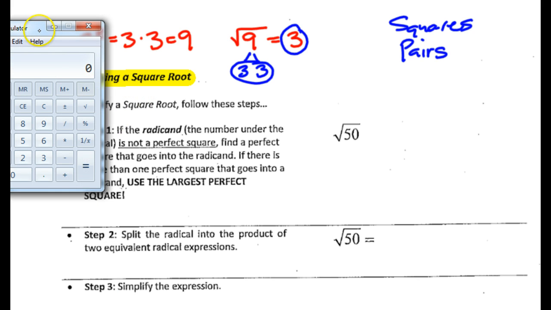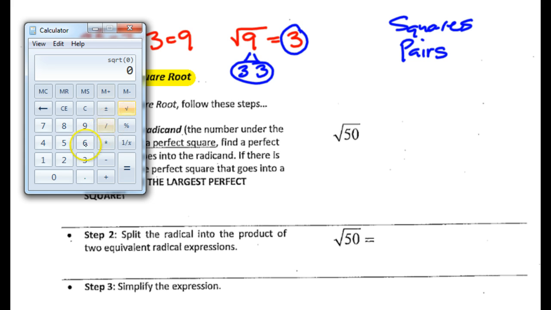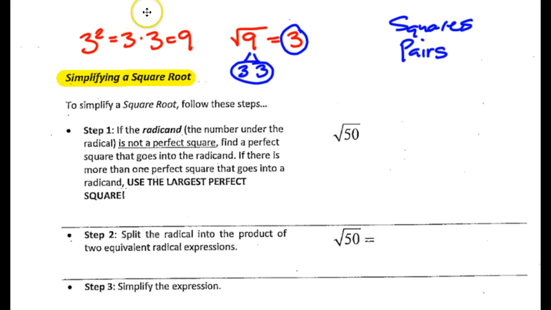If I type in square root of 50 on my calculator, look what I'm going to get. 7.0, it's this long decimal because I can't do a number times itself to make 50. Now I can do other numbers to make 50, but a square is a number times itself, right?